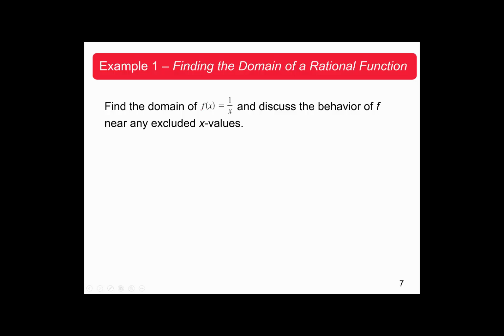And let's take a look at this function, f of x equals 1 over x. We just set the denominator not equal to 0 in order to find the domain. That means the domain is all real numbers except 0.